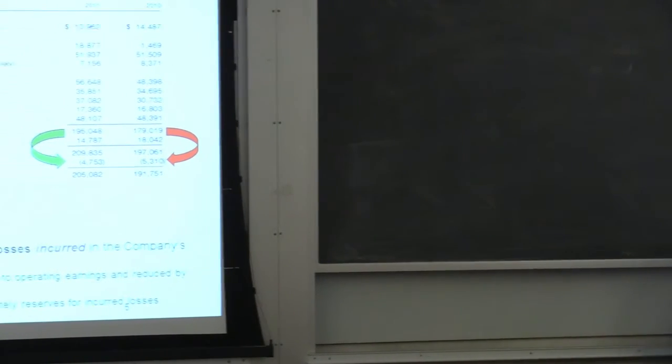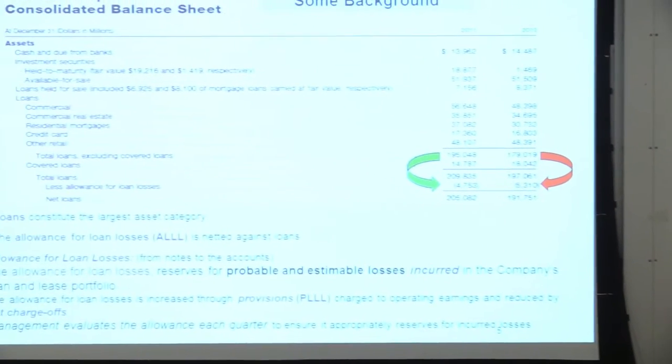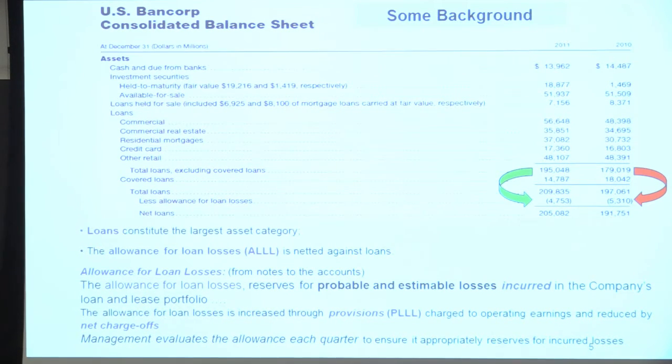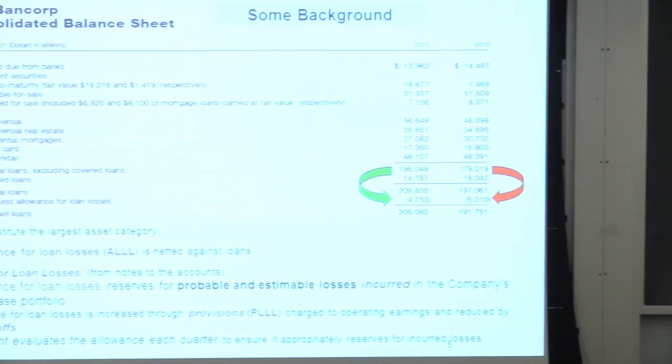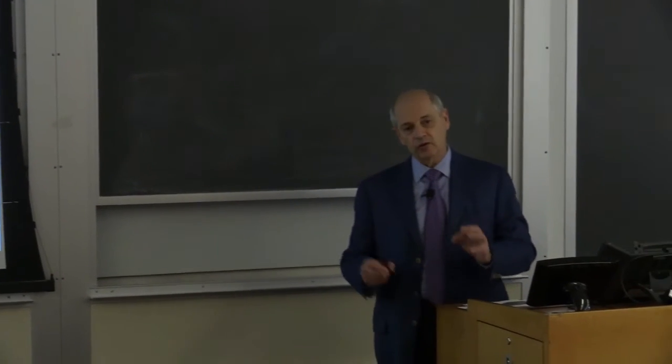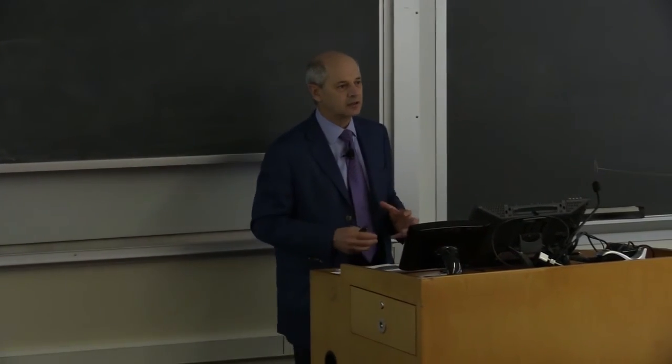Now, if you look at the way the accounting works in the United States at the moment, you'll see that the allowance for loan losses, using the terms described in the actual financial statements, talks about probable and estimable losses, what's generally known as incurred losses.